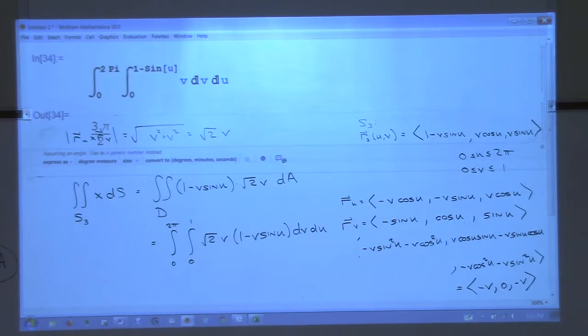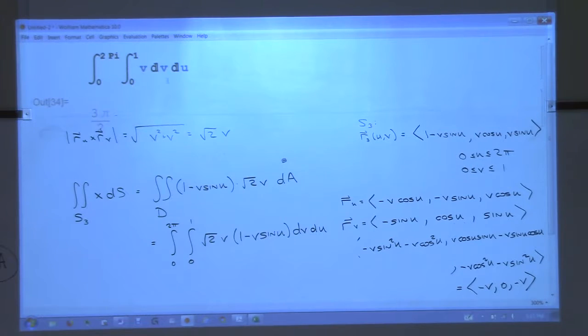It's pretty brutal, huh? A lot of work. Square root of 2 times v times 1 minus v sine u, dv du.